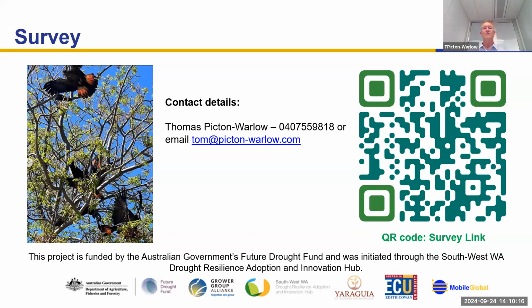Just a bit of background on the project. It's funded by the Australian Government Future Drought Fund, and it's been initiated through the Southwest WA Drought Resilience Adoption and Innovation Hub. It's a research project with the University of Western Australia and ECU, and my company is helping with that in collaboration with UWA.